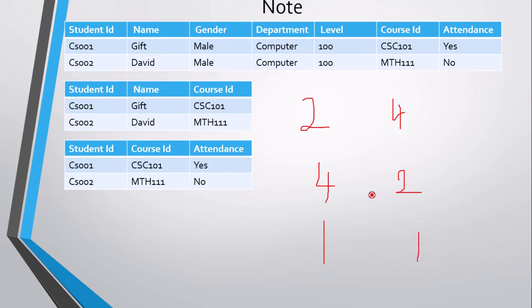You would be asked to draw a line from each to the one that matches the same number. That is, 2 goes to 2, 4 goes to 4, and 1 goes to 1. In this process alone, we are already engaging ourselves in data modeling. That is, we are referencing 2 to 2, 1 to 1, 4 to 4.